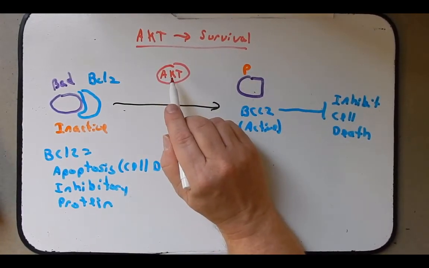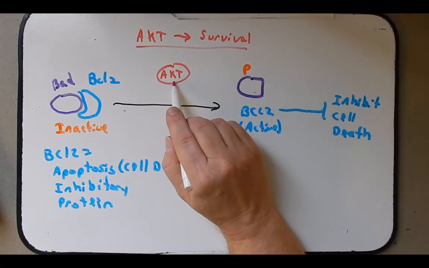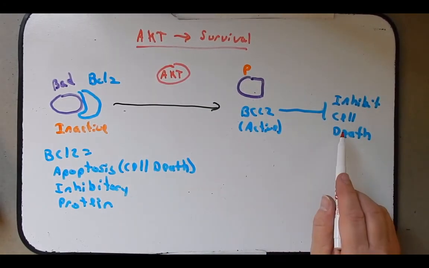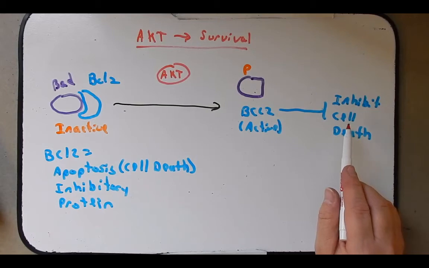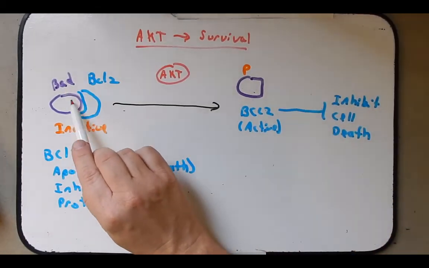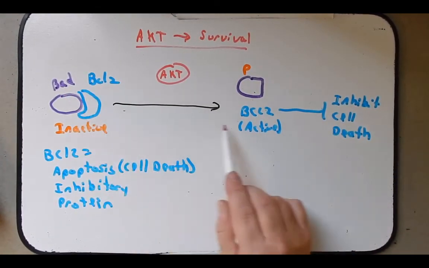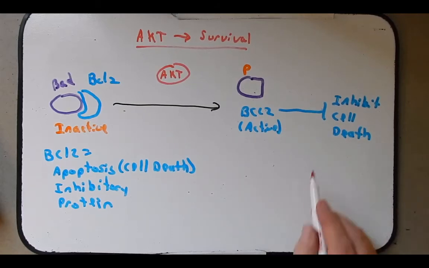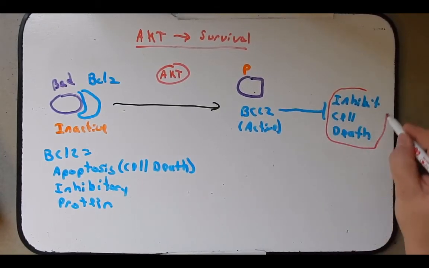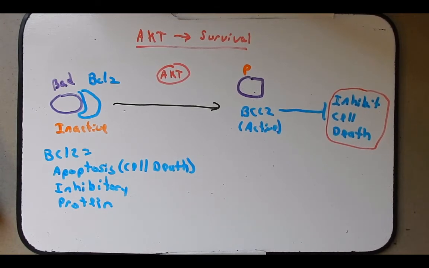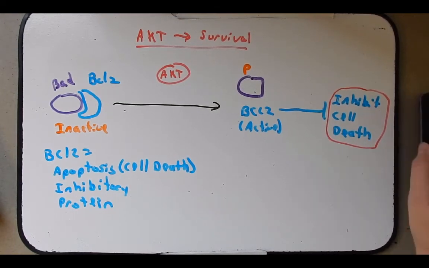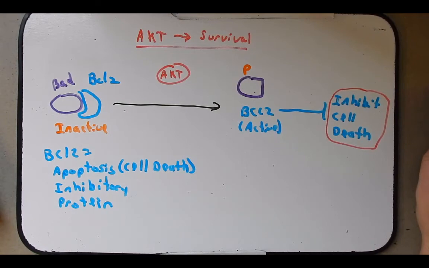So AKT, which is activated by the PI3 kinase, can promote cell survival by inhibiting cell death. And it does so by phosphorylating BAD, which releases BCL2, which is the protein that actually goes on to inhibit cell death. Now, AKT can also promote survival in another way, but it's still activated in the same pathway.